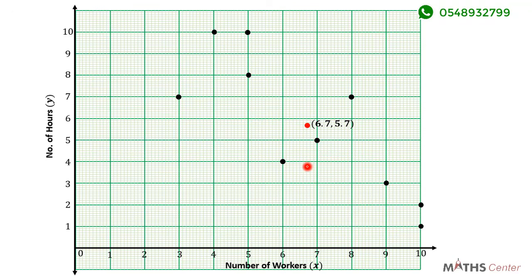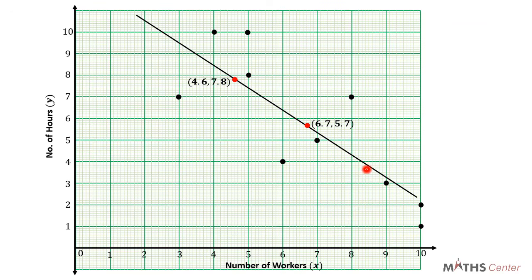The question also said we should plot 4.6, 7.8. So 4.6 on the x-axis, 7.8 on the y-axis. That will be here. Then we will draw the line through these 2 points. So this line will be our line of best fit, or the regression line.